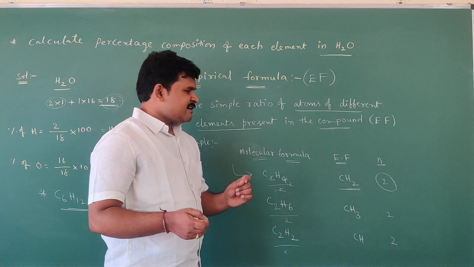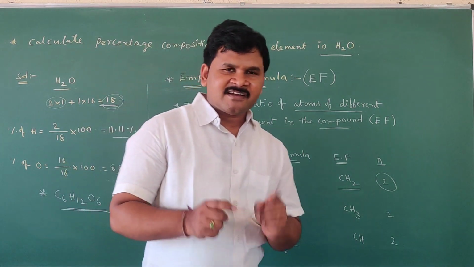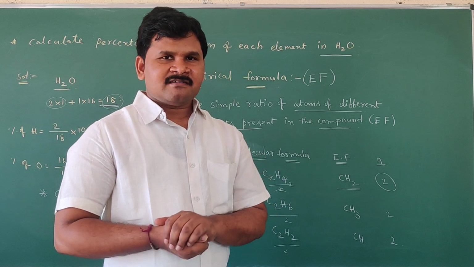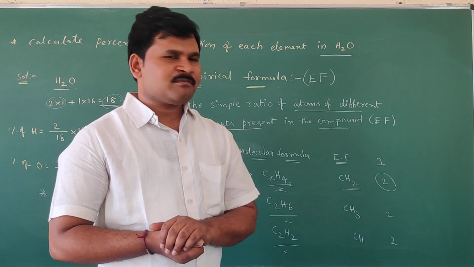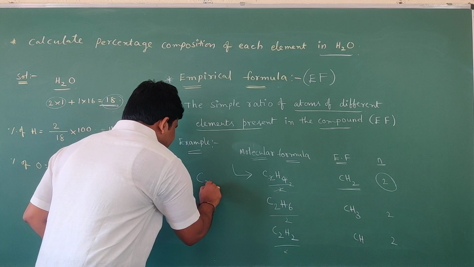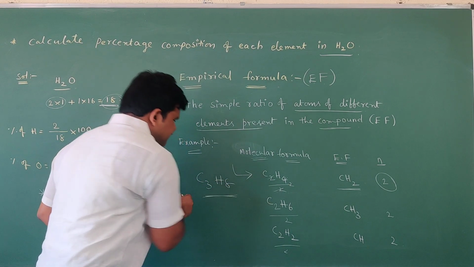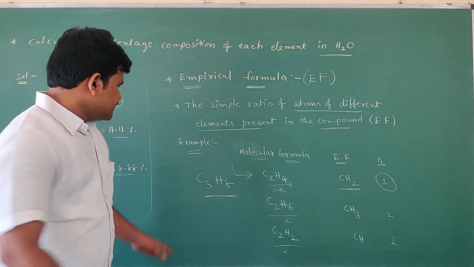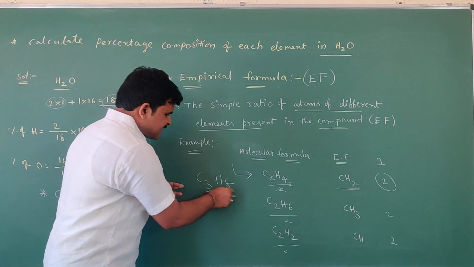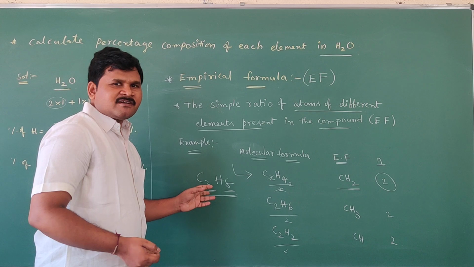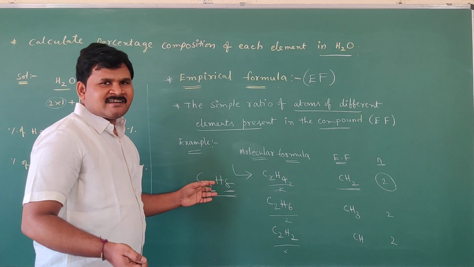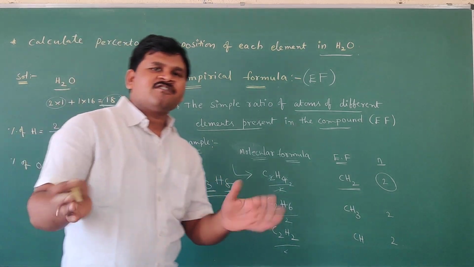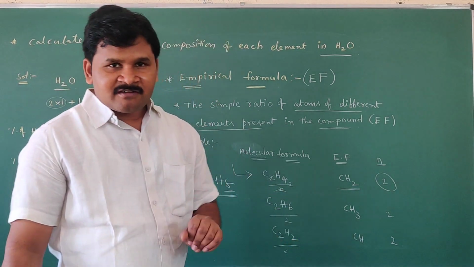So while we are calculating empirical formula, the subscripts should be divided by the same number. Suppose you take C3H8, for C3H8 there is no empirical formula. Why? This is an odd number, this is an even number. Odd and even numbers are very difficult to divide by the same number. So for C3H8 we won't get any empirical formula.